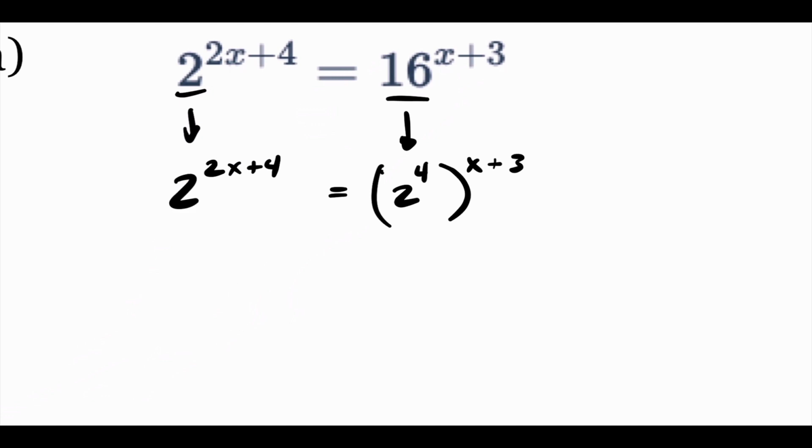Now they have the same base, 2 and 2. Next step is simplify the exponents. One of these guys has parentheses. So how do we get rid of parentheses? We did them a while ago. What's the rule?